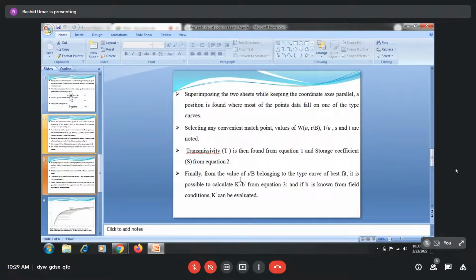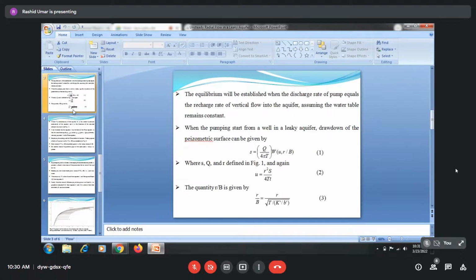Finally, from the value of R by B belonging to the type curve of best fit, it is possible to calculate K dash over B dash from equation 3, and if B dash is known from the field condition, K dash can be evaluated. So we can solve this equation as well.